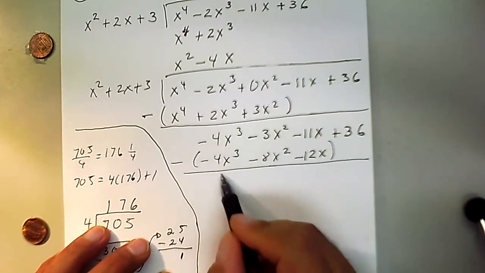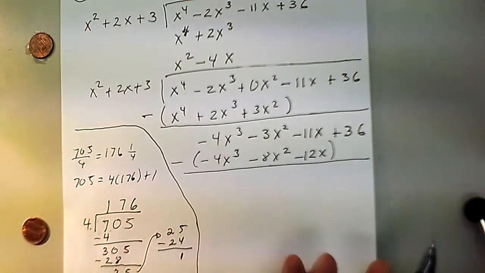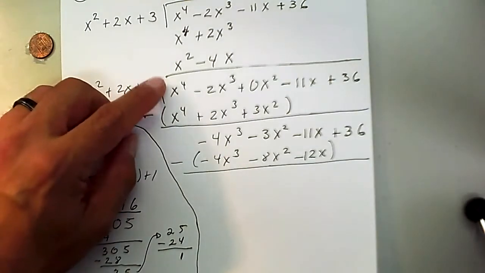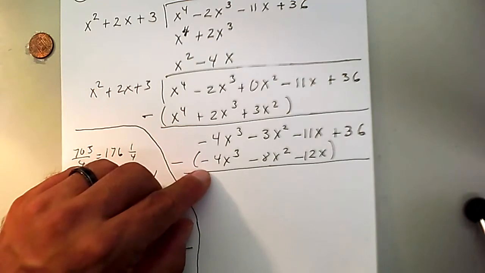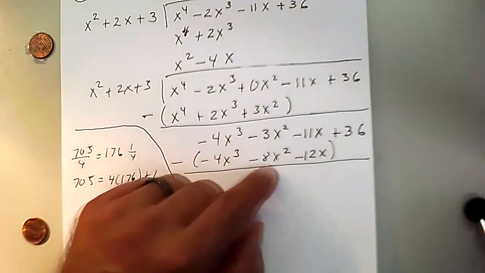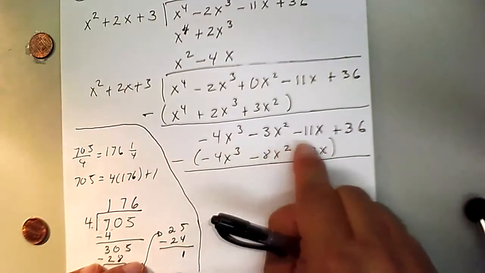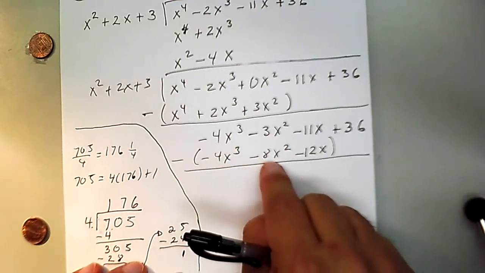So this guy vanishes, the cubes vanish, which is the whole point. We want to knock down the degree of the polynomial one by one. So we knock down the x to the 4. Now we're about to knock down the x cubed. Well, we did. Let's finish this up. So negative 3, double negative, so that is plus 8.